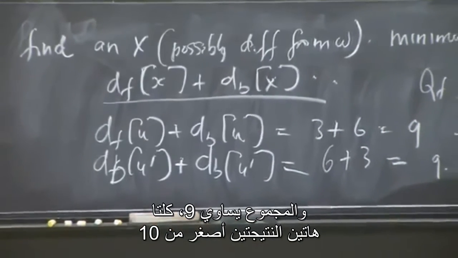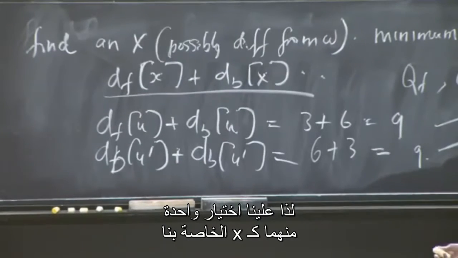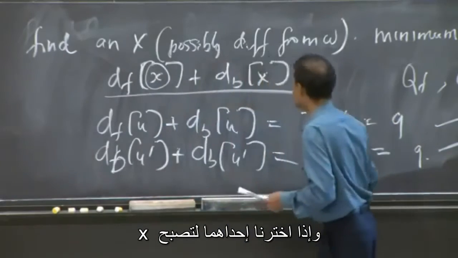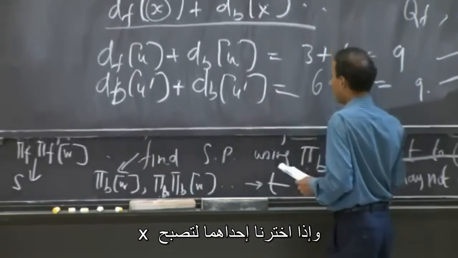So both of these are less than 10, and so we have to pick one of these as our x.